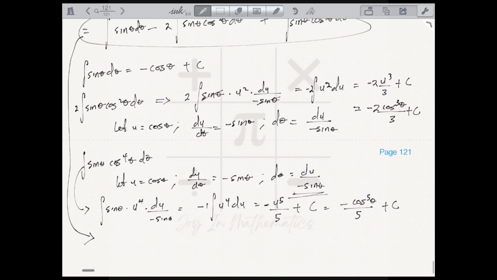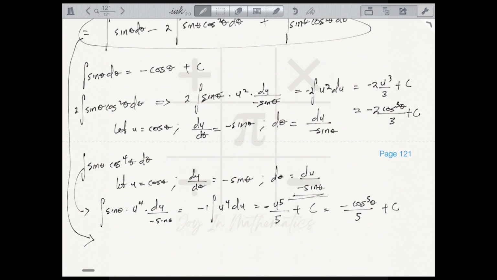And integrating sin theta will give us minus cos theta.